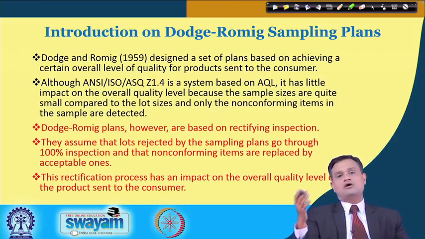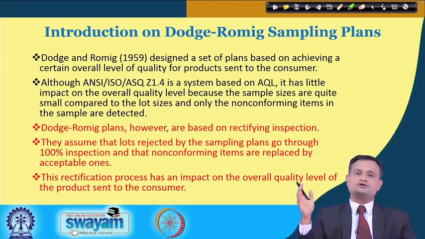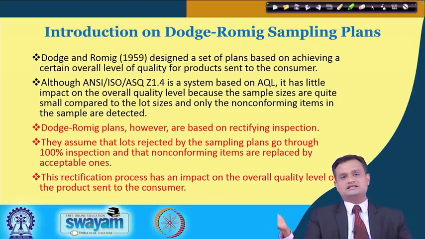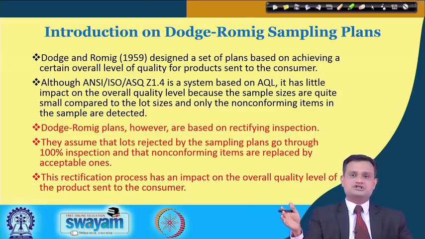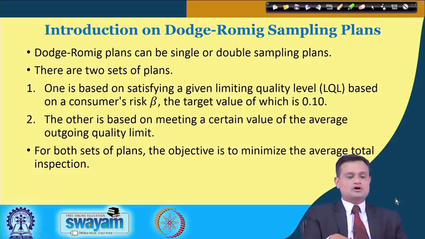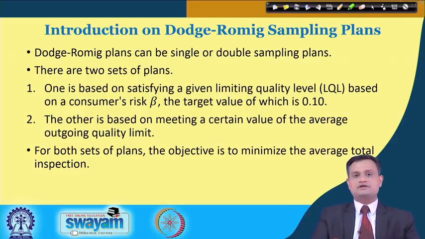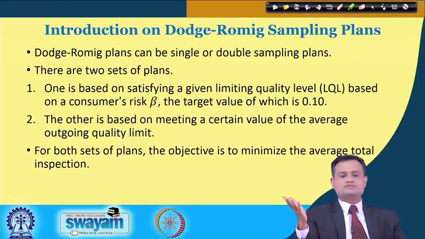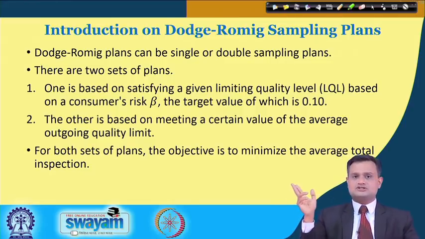It means all the non-conforming items would be replaced, the rejected lot will be 100% checked and non-conforming items will be replaced. So I have the Dodge-Romig scheme, and there are two sets of plans.